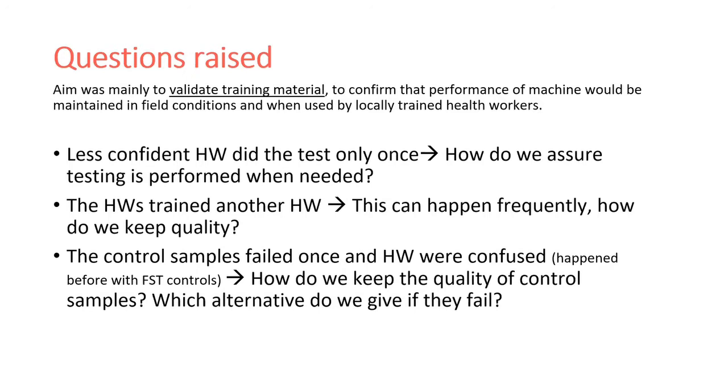And so this brings a question about when we are going to employ a new test, being a new RDT or a more complicated quantitative biosensor, for example. How do we assure that this test is actually performed whenever it's needed? And if it's more complicated, whether the health worker won't be scared to use it?